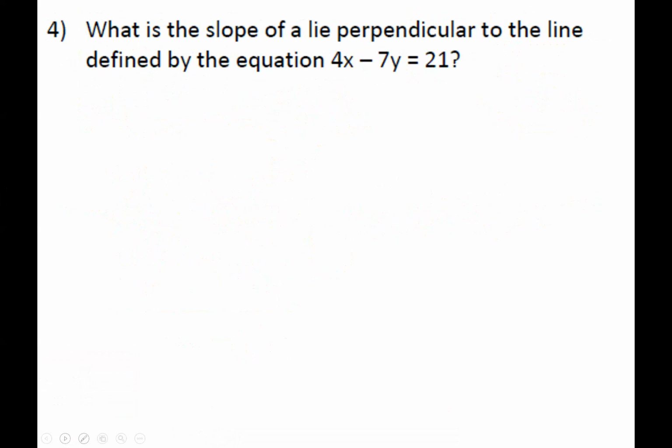Number 4, what is the slope of the line perpendicular to the line defined by the equation? So again, we're looking at perpendicular, which means opposite sign reciprocal slopes.